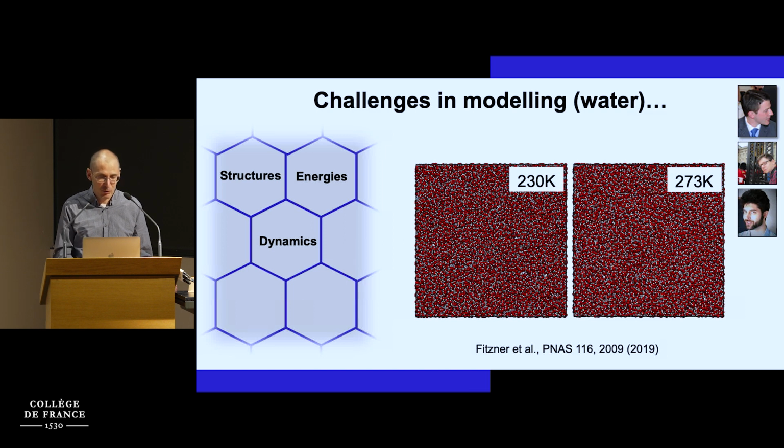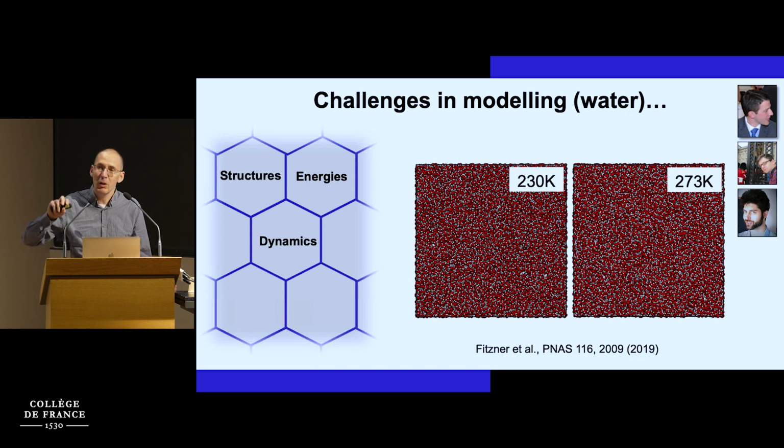So if you look at these two simulation boxes here of liquid water in the supercooled regime and above, you're not expected to notice any difference between these two boxes. You don't easily see any difference, and if you analyze the structural properties, the distinction between liquid water at 230 Kelvin and at 273 Kelvin is incredibly subtle.